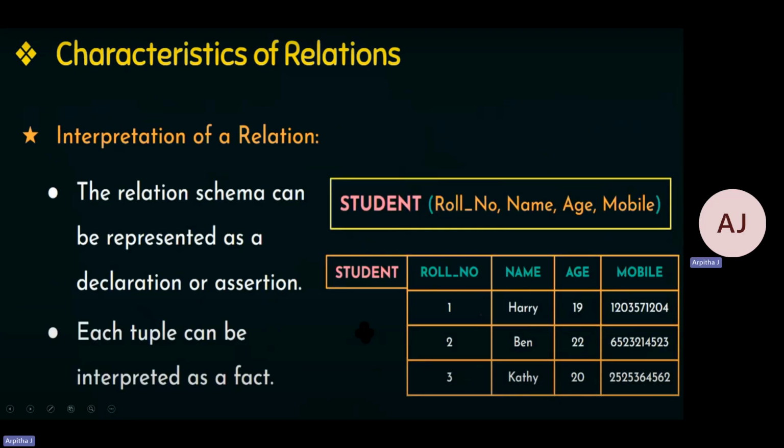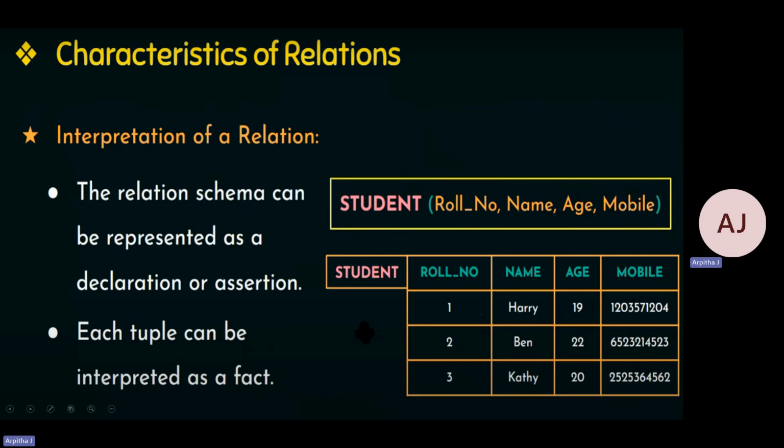Next, the last one is interpretation of a relation. How are you reading that particular table? What do you mean by a relation? Whatever data you are trying to add, you have this relation. In that relation, you have roll number, name, age, and mobile.